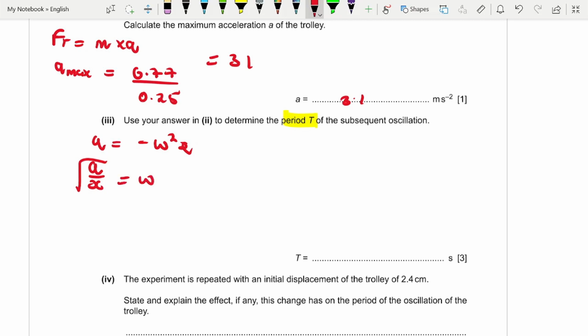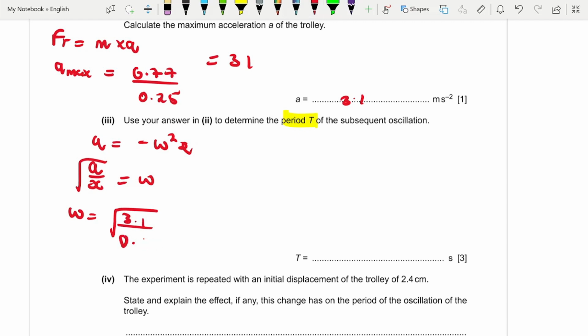So in this specific scenario, we don't really care much about the negative, guys. To be honest, it's just showing different directions: one is increasing, one is decreasing. But we just want to find omega. Our acceleration is 3.1. The value of x is, remember, the displacement that you've moved, which is 0.048.